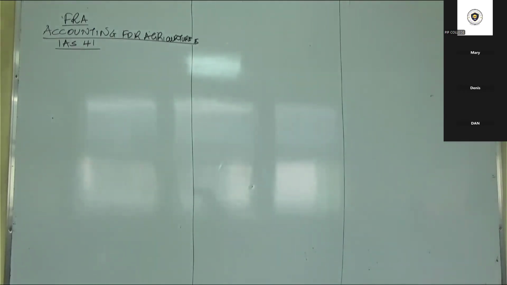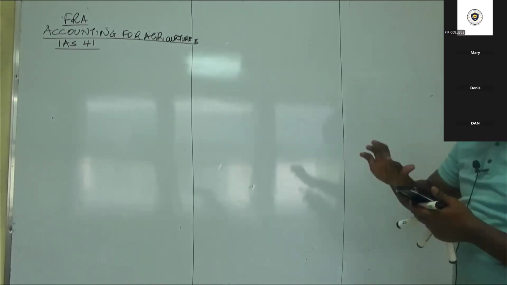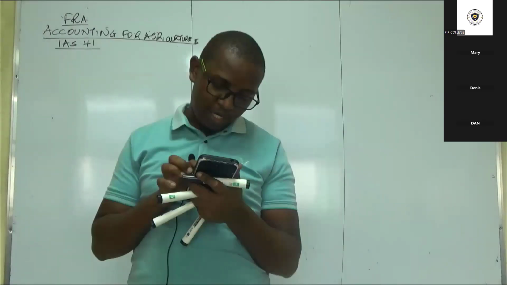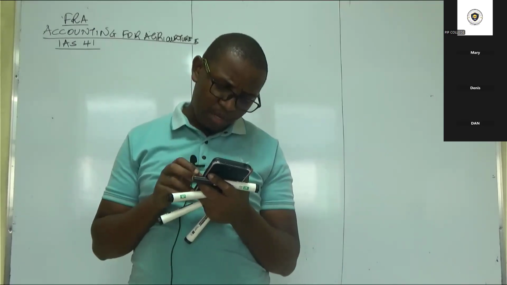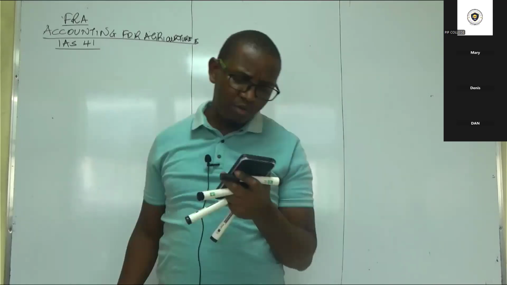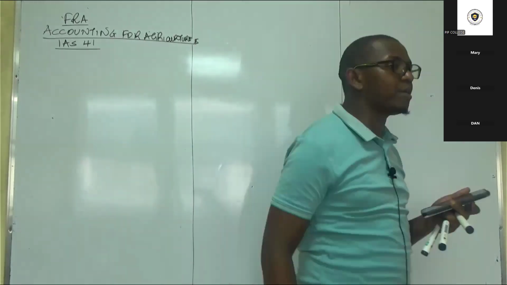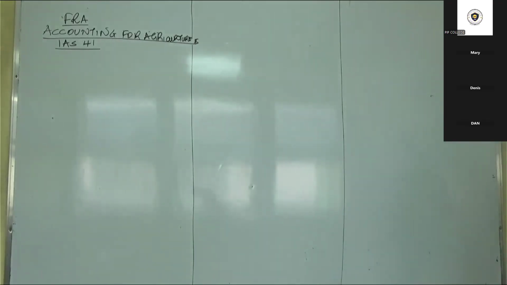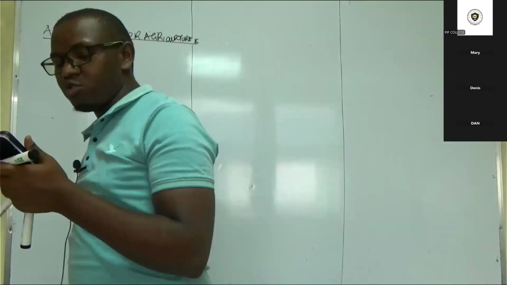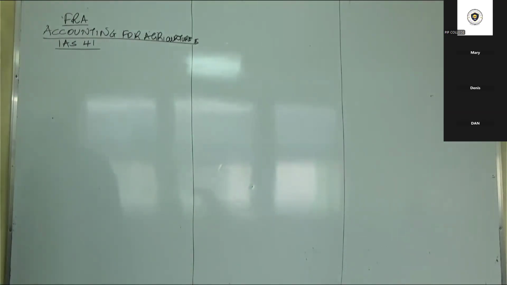November 2019, question 5A. This is what the questionnaire states: with reference to International Accounting Standard 41, Agriculture, discuss the accounting treatment of a biological asset, and they told you not to discuss the disclosure requirement.